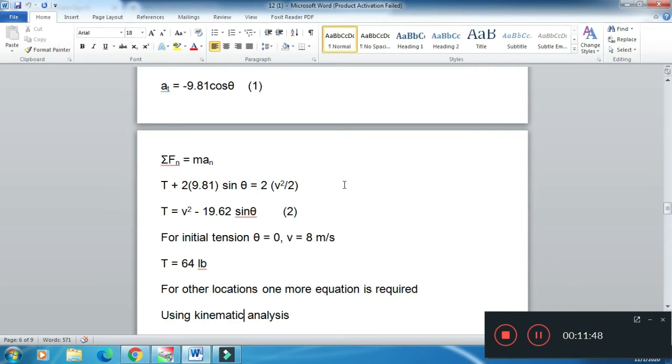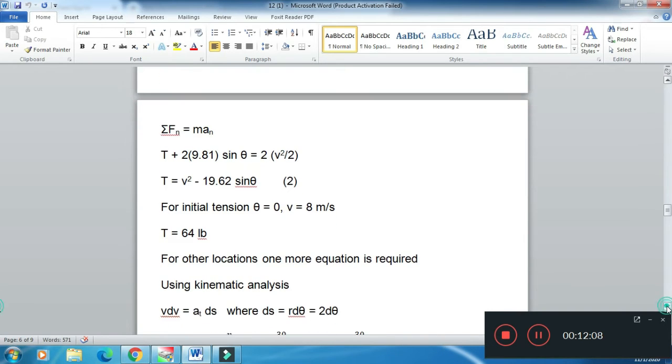In addition, we have to find the tension when theta is equal to 30 degrees. In that case velocity is unknown, so we have to find the velocity so that we can find the tension at theta equal to 30 degrees.